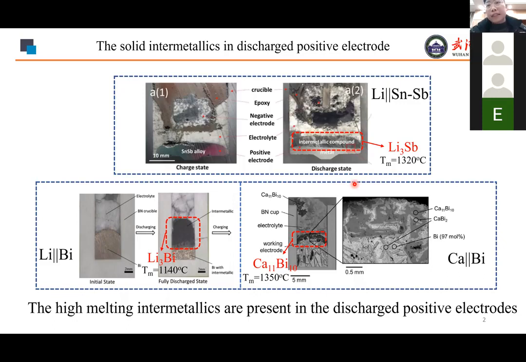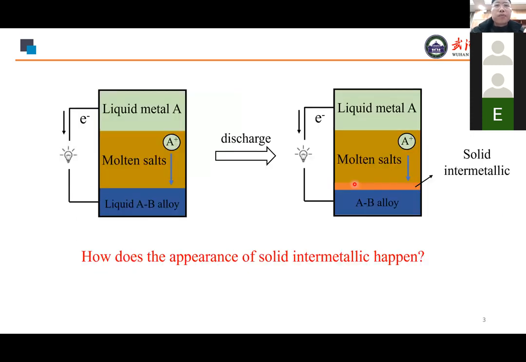there is no doubt that its growth, its distribution, and its physical and chemical properties have a significant impact on the battery performance. Our interest is the solid phase and its effect on the thermodynamic and kinetic properties of the liquid metal batteries.